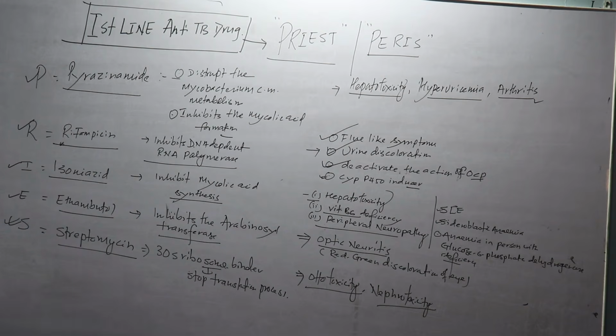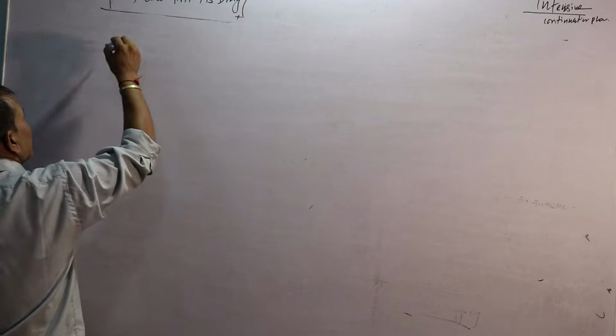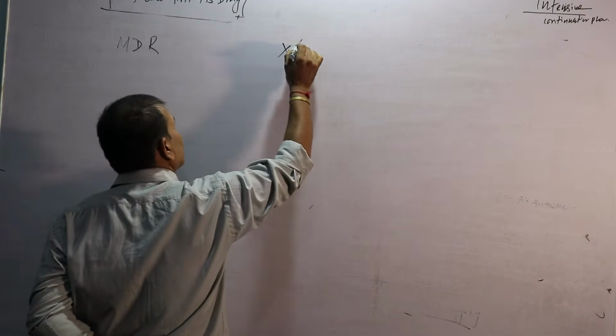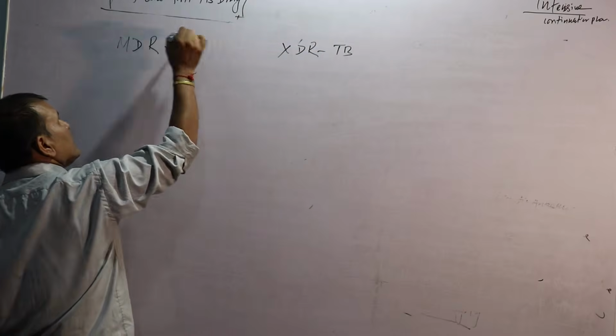Now we are going to deal with what MDR TB is and what XDR TB is.